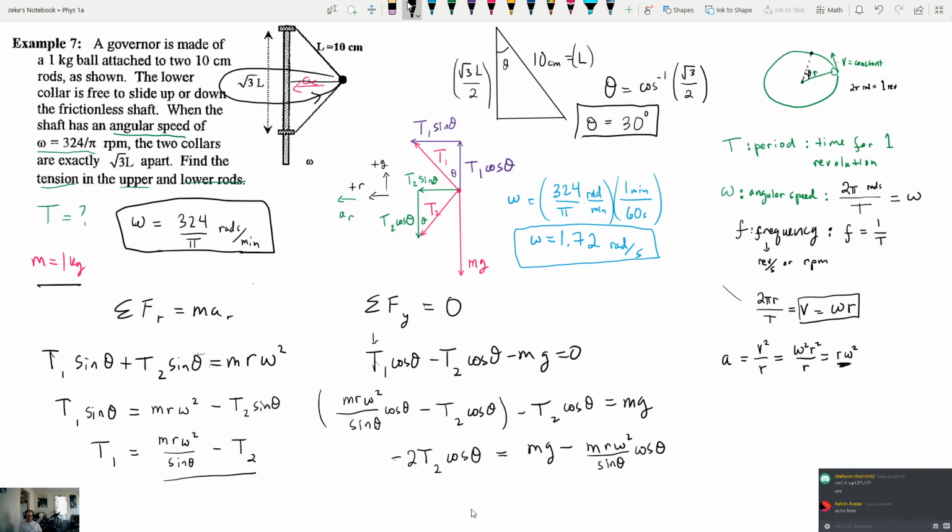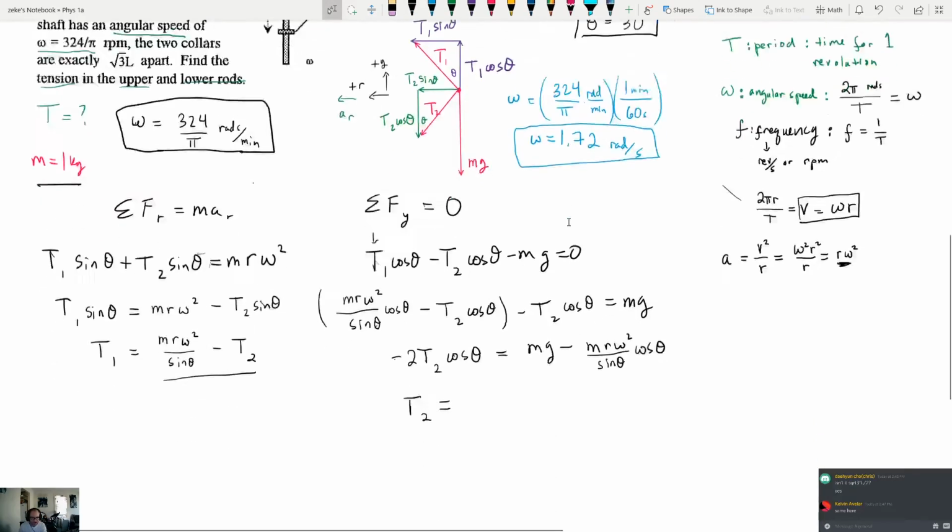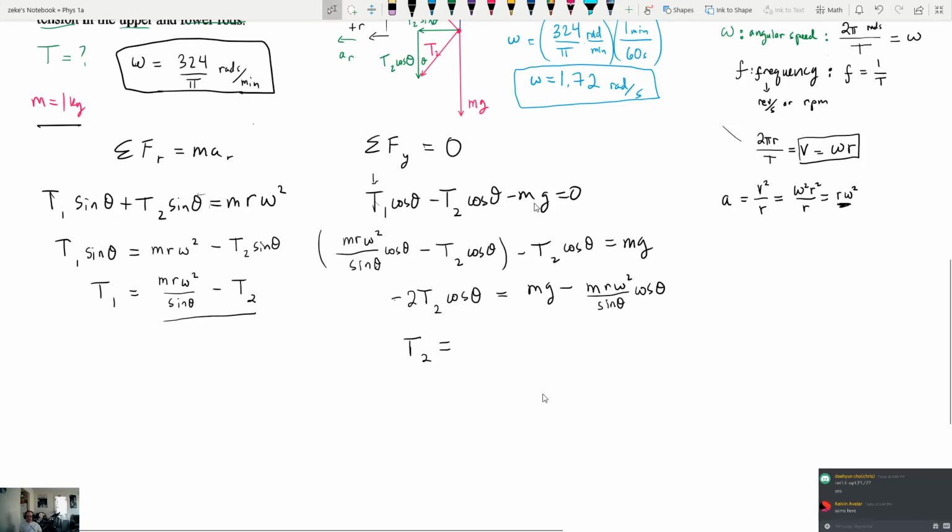Okay, so now we divide through by negative 2 cos theta. I'm going to scroll down just a little bit, so this is the bottom of your screen in case it's blocked for some reason. T2 is equal to, I'm going to divide the negative through, which is going to invert these two.